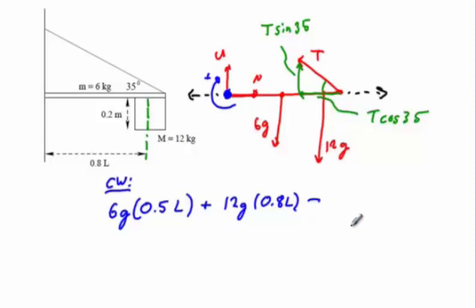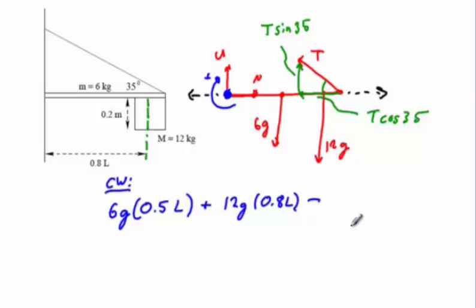Notice that we have broken the tension already into two components, the tension times sine 35 and the tension times cos 35. The tension times cos 35 is a force that is pointed directly towards the pivot and does not tend to turn the flagpole either clockwise or counterclockwise.